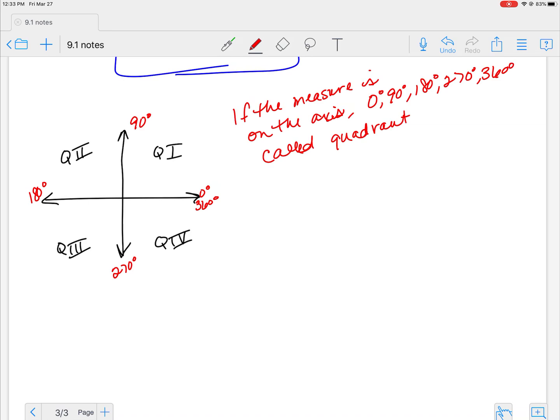Anyway, these are called quadrantal angles, because they're on the actual axis. So like my 90-degree angle here is considered a quadrantal angle because it's not in quadrant 1 or quadrant 2. It's right there on that axis. All right? Okay.